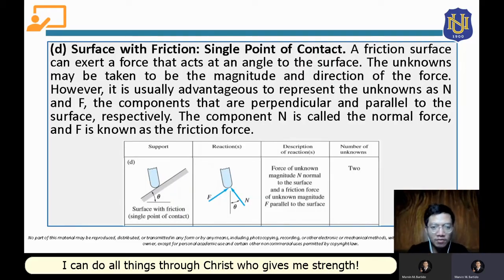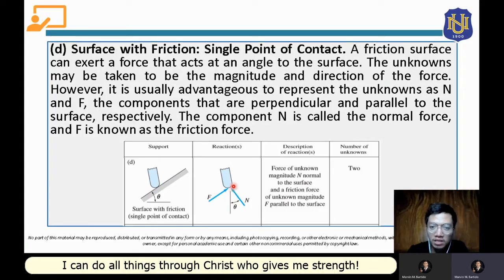So the component N is called the normal force and F is known as the friction force. Let's say we have here a surface, and this surface has friction, so we will consider the friction, and if there is a body lying on this surface, this support, or this surface, will provide a reaction force.